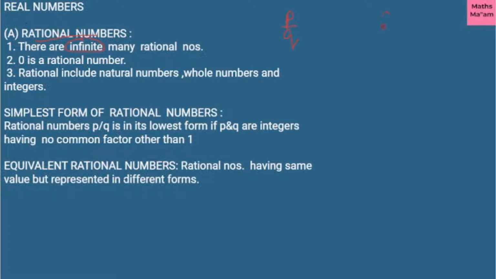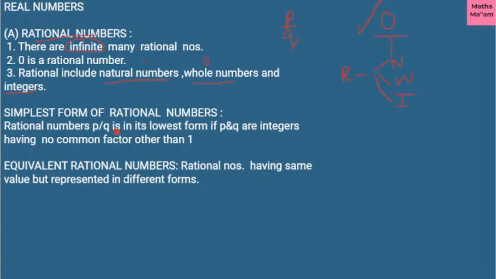And we consider 0 as a rational number because 0 can be written as 0 by 1. So this is a rational number. So rational numbers include natural numbers, whole numbers and integers, that is negative, positive and 0.